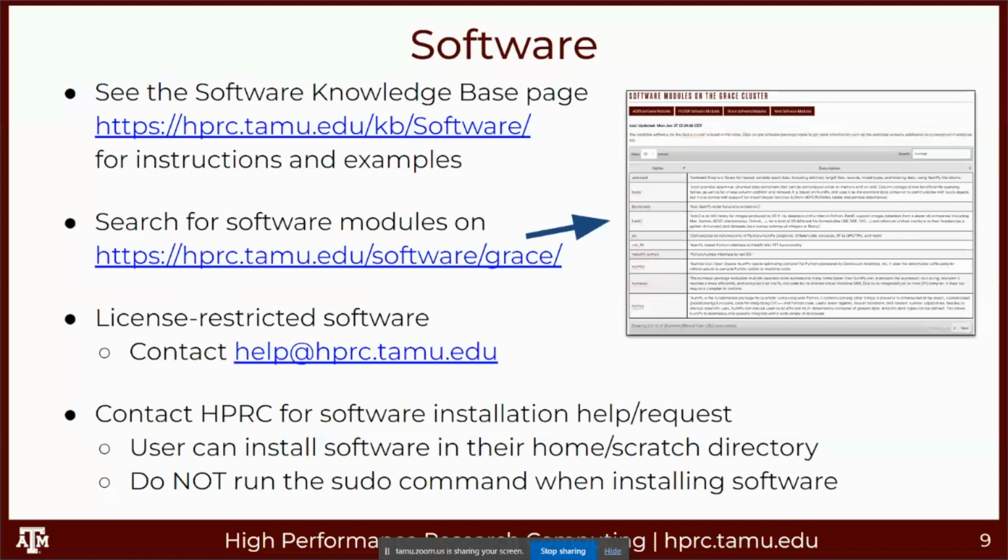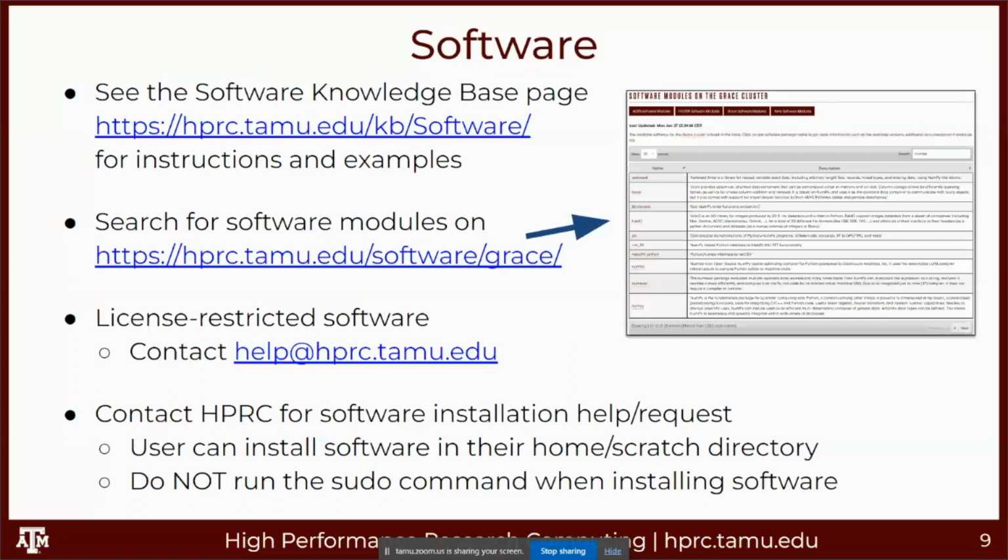Also, if you're curious what software we have available, you can check hprc.tamu.edu and go to our software page and to Grace specifically. And we will have all the software modules available for you to use there. Keep in mind, if you want to use any licenses, you'll have to contact us, and you know who you are if you're using a license.